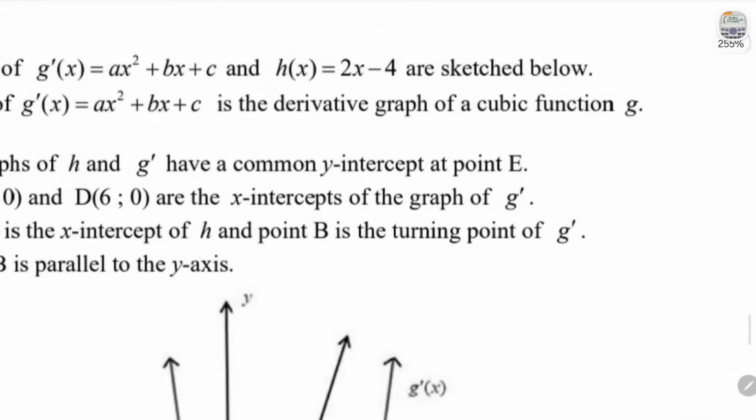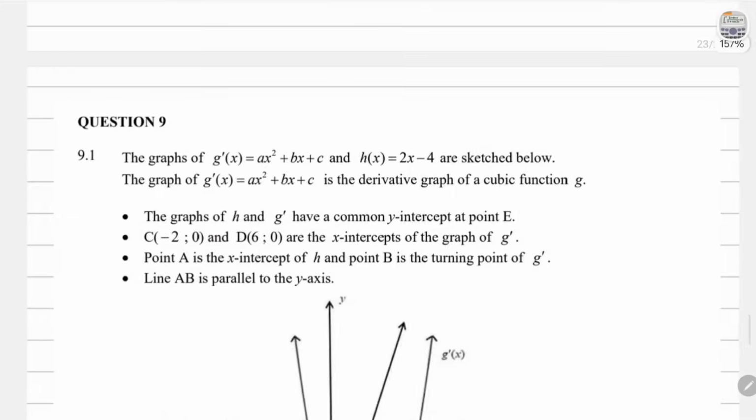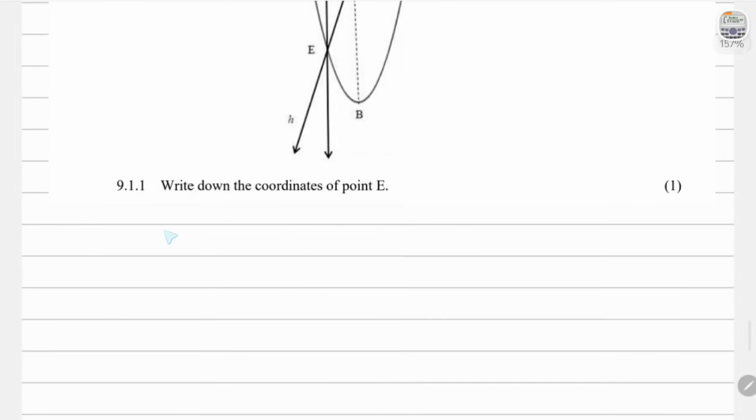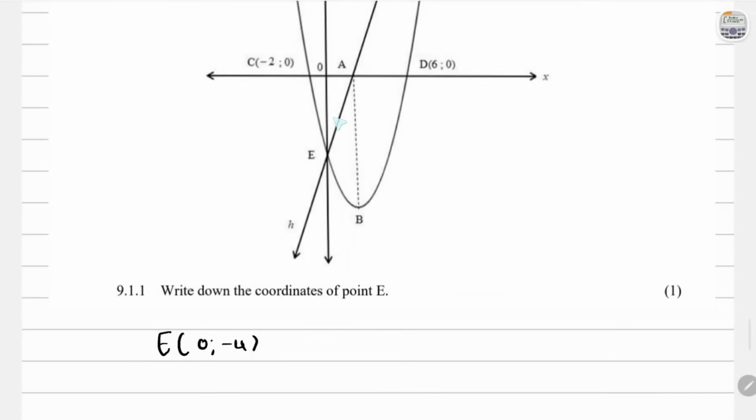It is a straight line and it is in the form of mx plus c. So that c part, that is our y-intercept. And we can see that that is -4. Okay, so that is -4. And so therefore, the coordinates of E are 0 and -4. Okay, because the x value is 0 at that y-intercept.